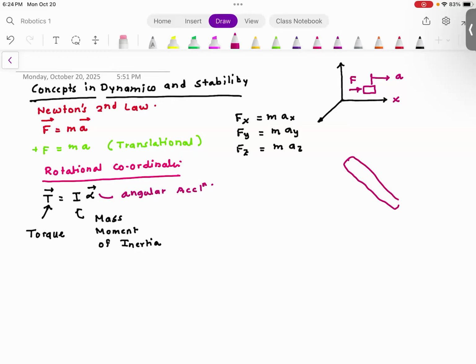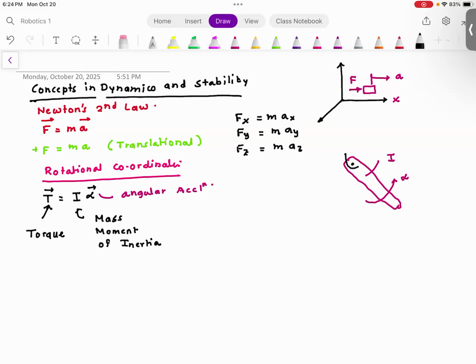This object has mass moment of inertia I, and it has angular acceleration alpha. Now you can apply T is equal to I times alpha only when it's a fixed point.